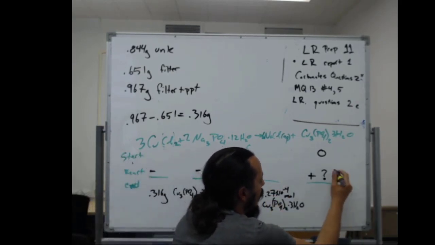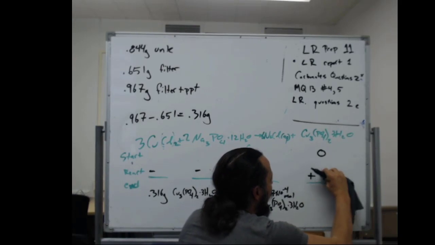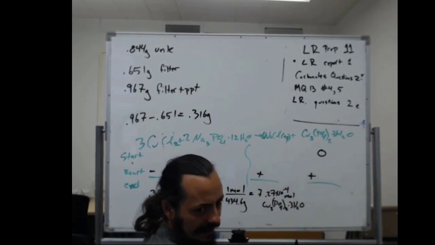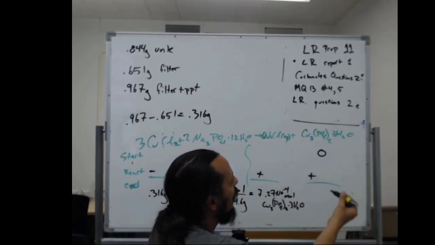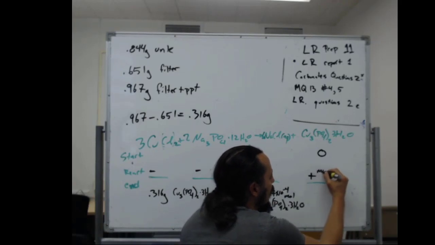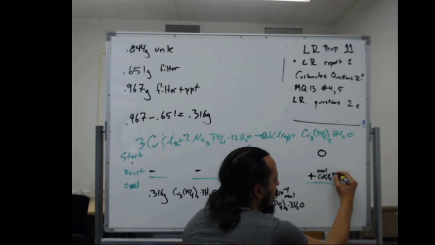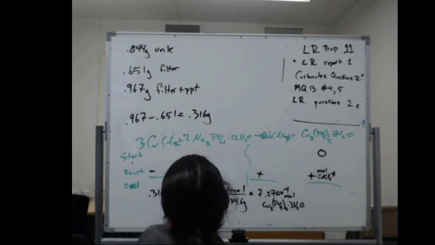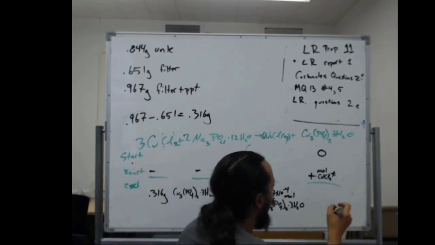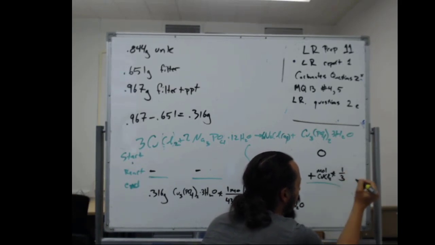So I can do my question mark. I can essentially say, since we know copper chloride is the limiting reactant, I know that my copper phosphate is going to be the moles copper chloride times the mole ratio, which is a 1 to 3 mole ratio.